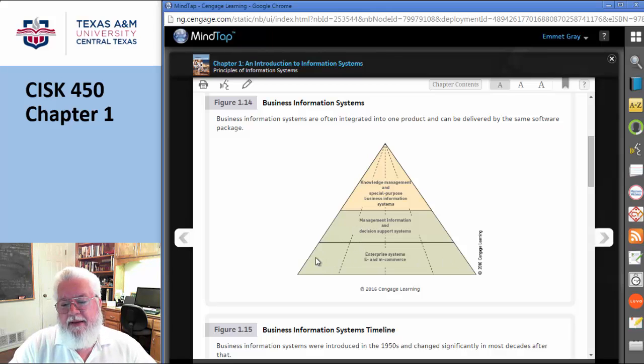So this is gathering basic data, and this is making decisions. This is more like data, and this is more like information. Okay, cool. And then knowledge management and special purpose, this is more like the knowledge piece. So remember we had data, information, and knowledge. That's how these things stack up, and we're going to have an entire chapter to go through them all. I just wanted to show you that one.